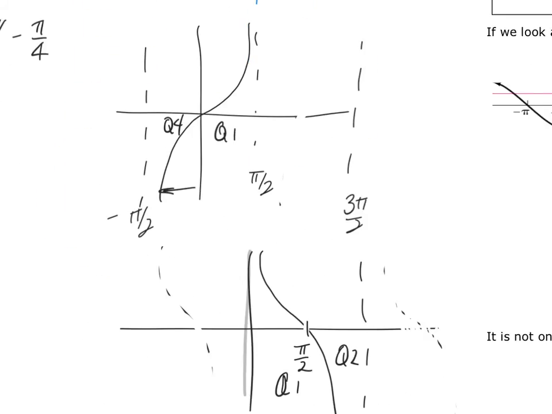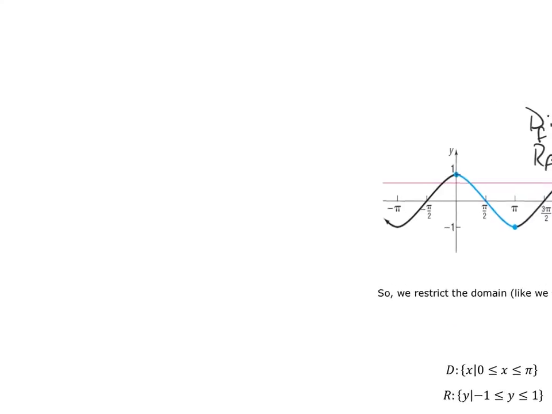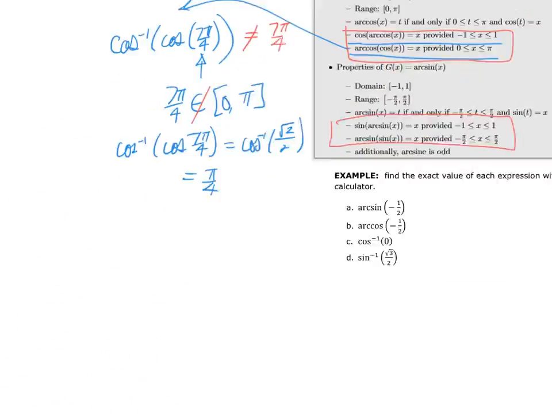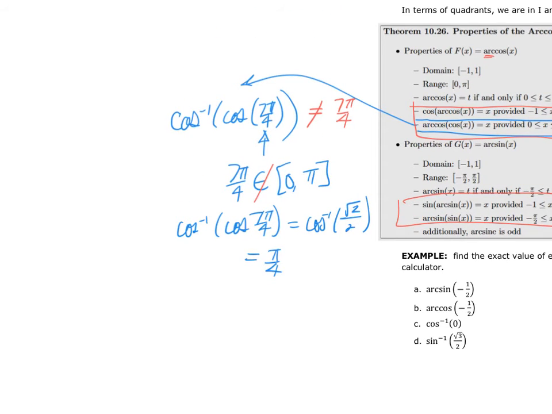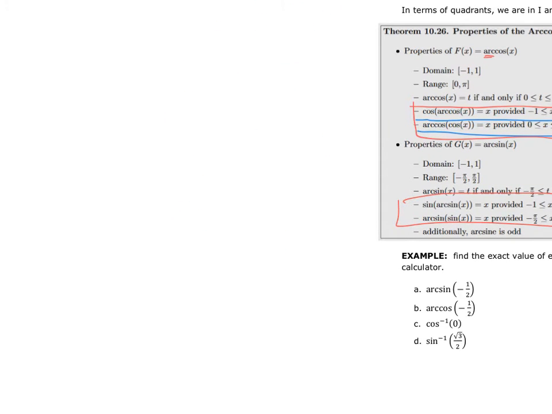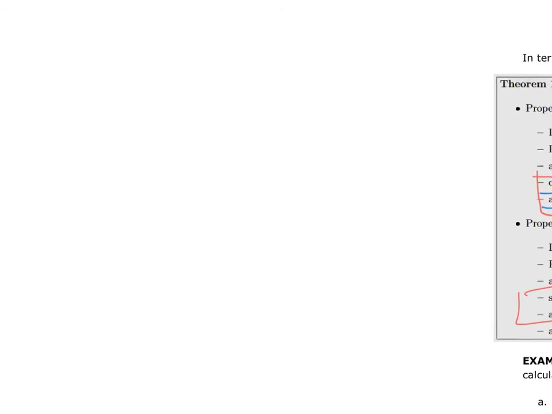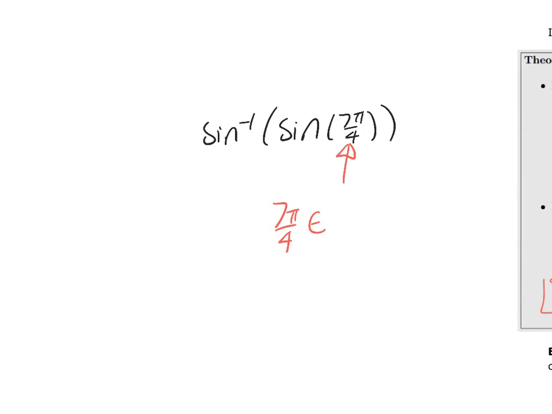So when I do the sine, let's do the sine one. Same kind of deal with the sine. So if I asked you to do the sine inverse of the sine of 7 pi over 4, you ask yourself, is 7 pi over 4 in negative pi halves to pi halves?